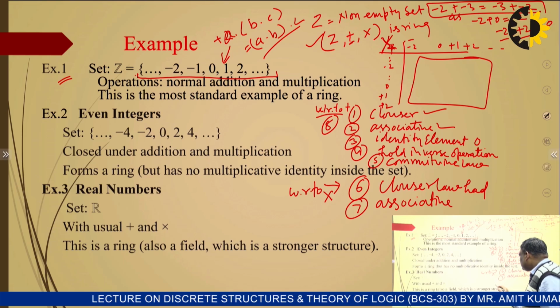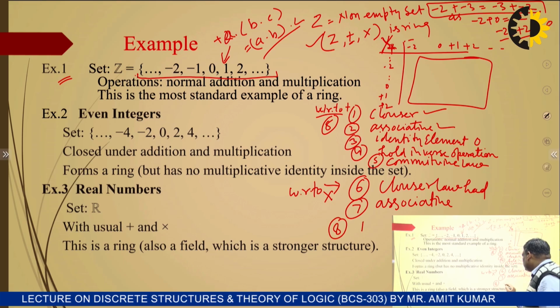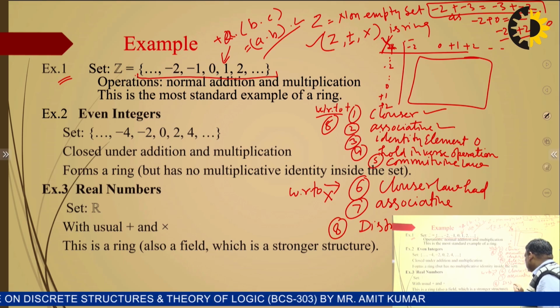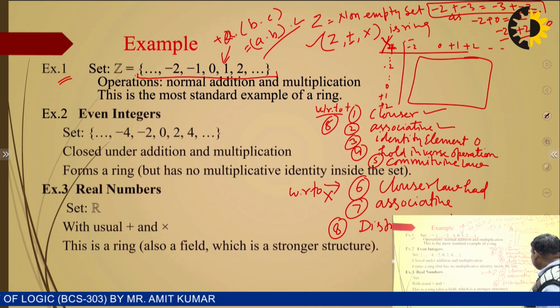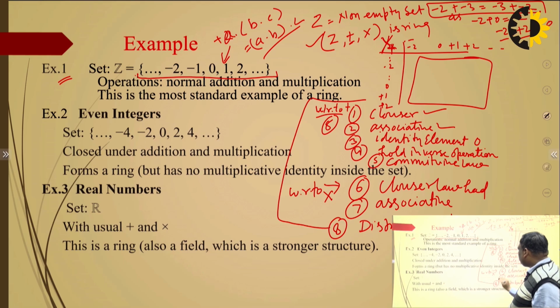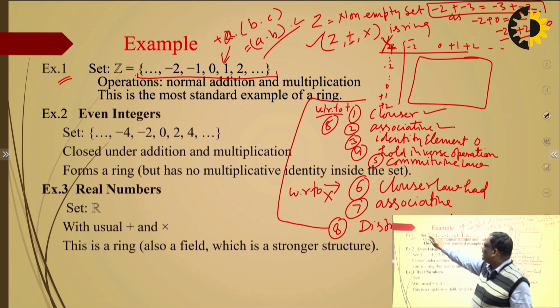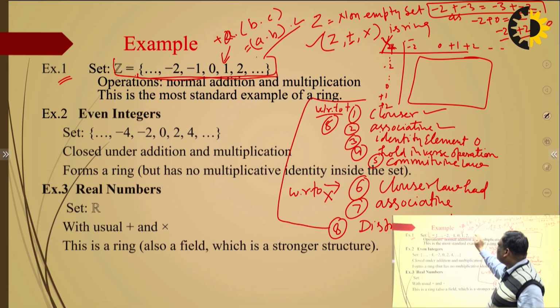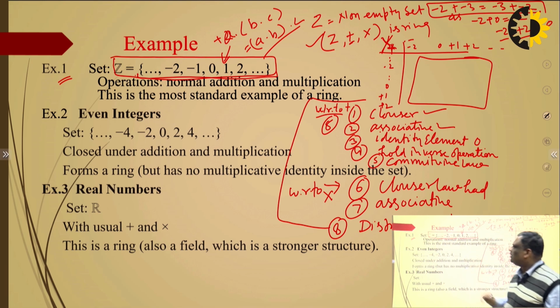And the last, the 8th, is the distributive law. We easily see that the left distributive is equivalent to the right distributive. If these 8 hold, then we can say that the given set Z is a ring with respect to the addition and multiplication binary operations.